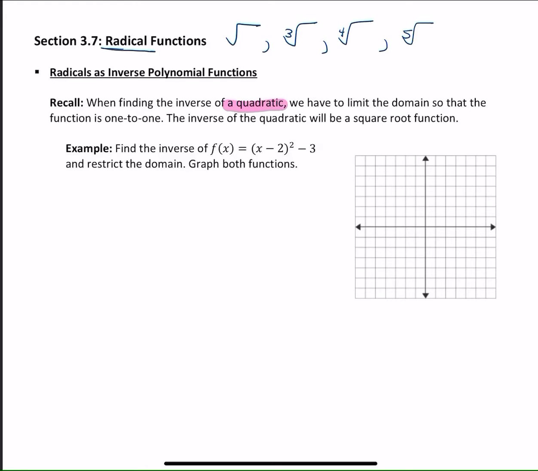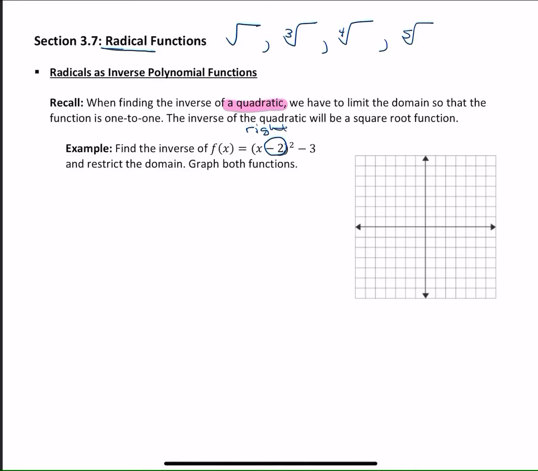So in this case, we've got f of x equals (x minus 2) squared minus 3. When we deal with the inverse of a quadratic, we need to restrict the domain of that quadratic so that it's 1-to-1. The reason for that is, let's go ahead and graph this. The -3 is going to move it down 3, and the -2 inside is actually going to shift it right 2.